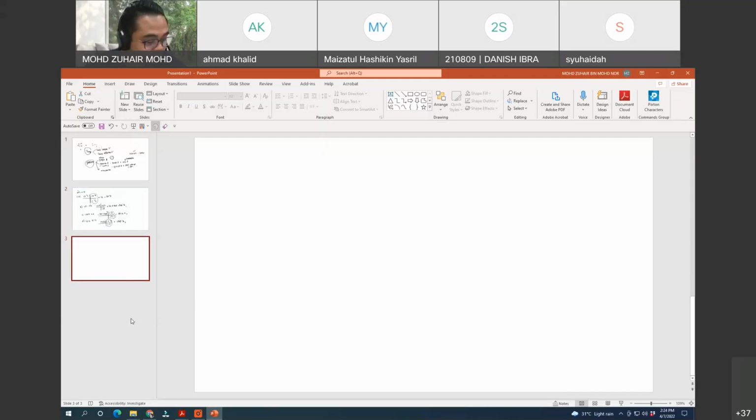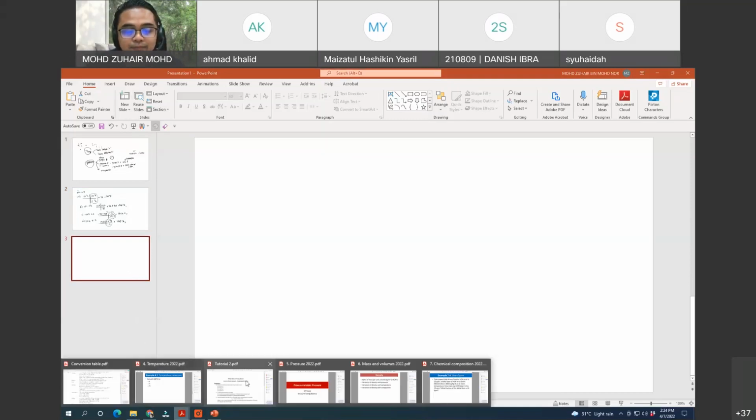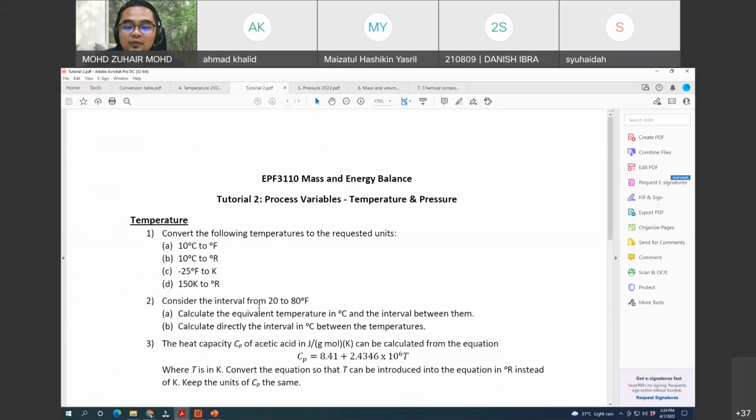Okay. So question number 2, consider the interval from 20 to 80 degree Fahrenheit. Okay, so we want to consider the interval, the difference between 20 degree Fahrenheit to 80 degree Fahrenheit. Definitely, if we just minus, the difference will be 60 degree Fahrenheit.